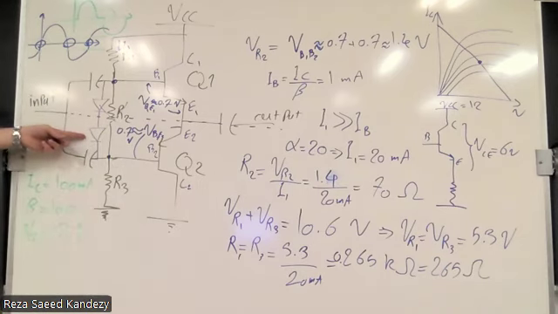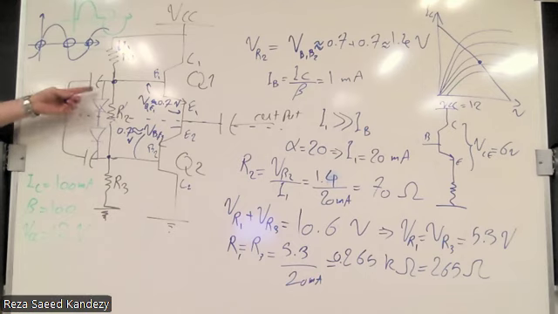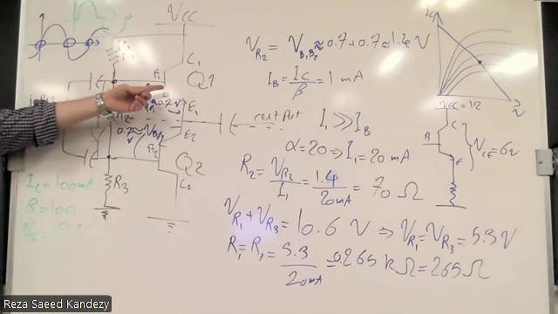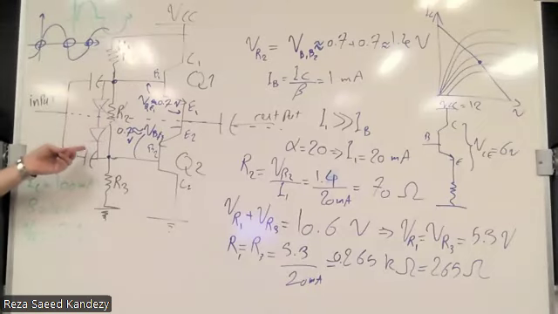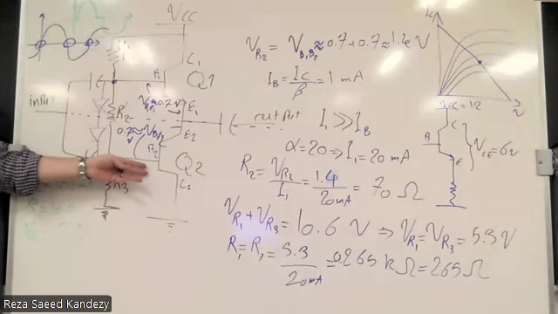Pay attention to the direction of the diodes. The higher voltage should be the one related to Q1, and the lower one should be the one related to Q2. Are you good?